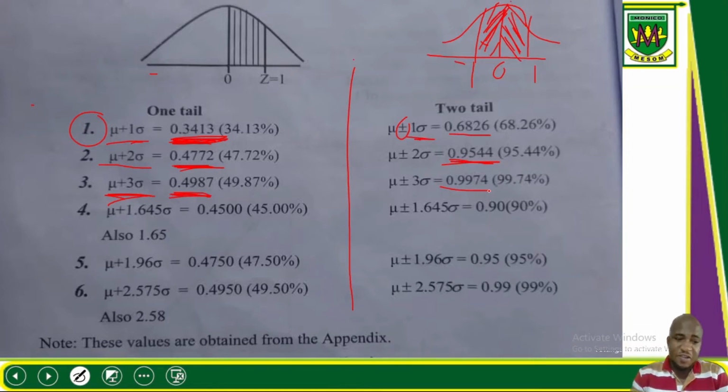The fourth movement, the fourth area covered to the sixth area covered, looks a bit complicated. We will not get this directly on the table. We have to do some splitting and finally do some calculations.